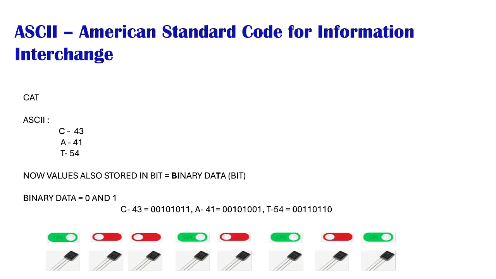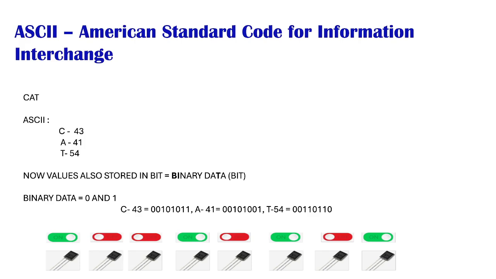You can see on the screen a transistor on and off pattern recorded in binary bits, which is 00101011. Similarly the computer records CAT, and all alphanumeric characters, into binary bits.